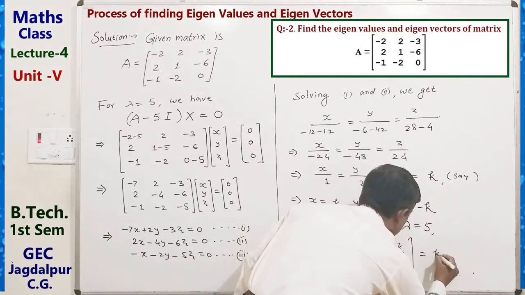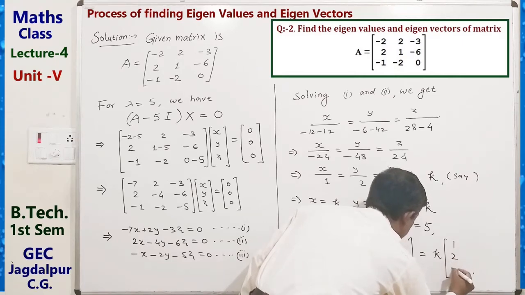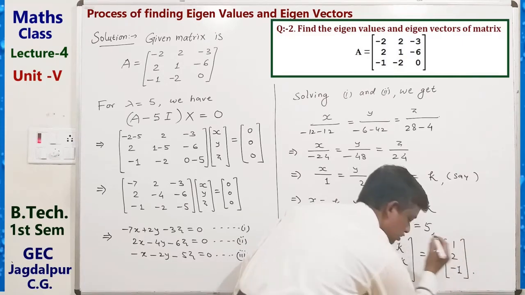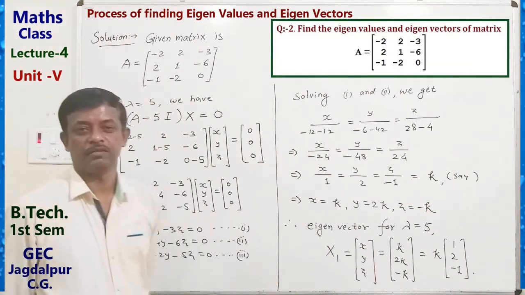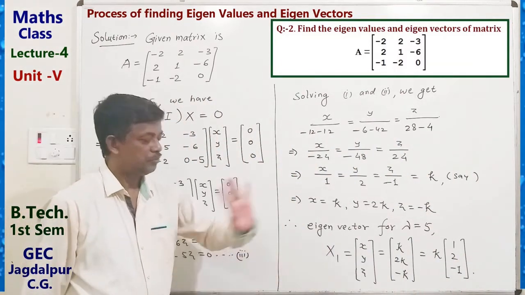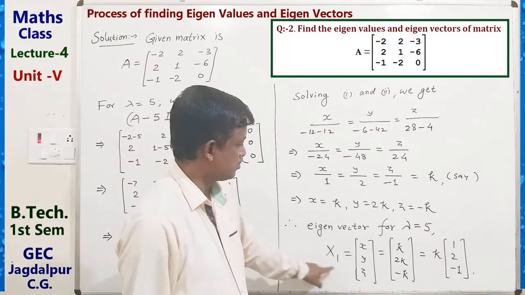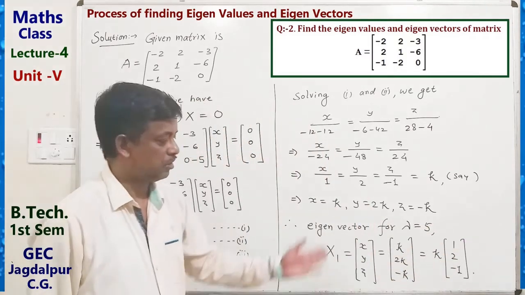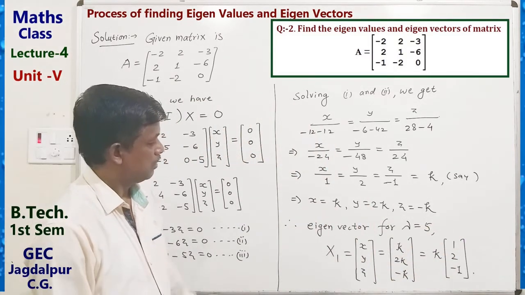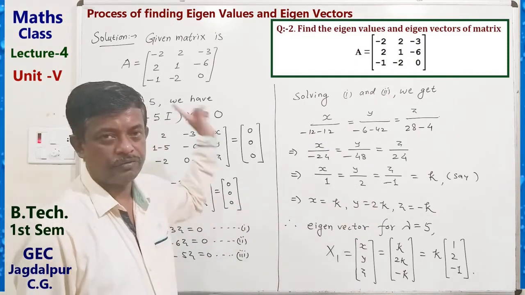So k is common, we can write 1, 2, minus 1. So this is the eigenvector corresponding to 5, and k may be any value. So x1 we can write as 1, 2, minus 1 for k equals 1. So this is the eigenvector corresponding to lambda equals 5.